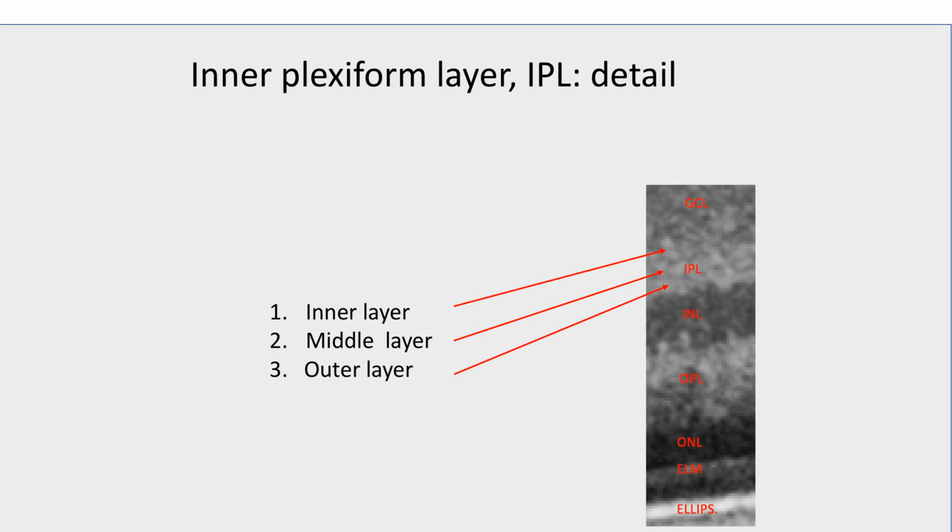The inner plexiform layer contains synapses between dendrites of ganglion cells, between bipolar and amacrine cells, and between bipolar cells, ganglion cells, and some amacrine cells.